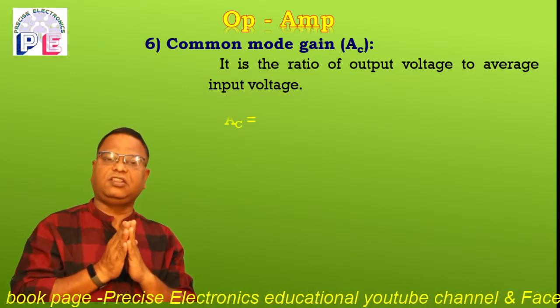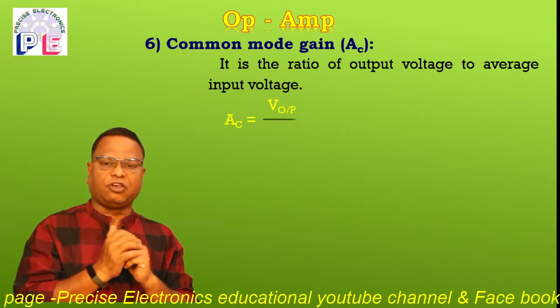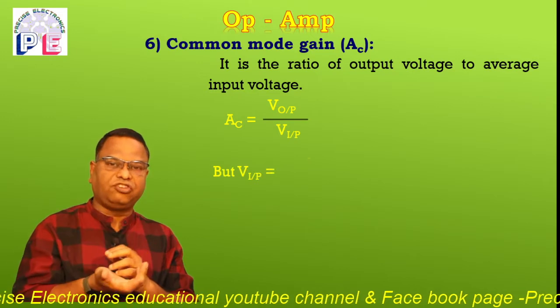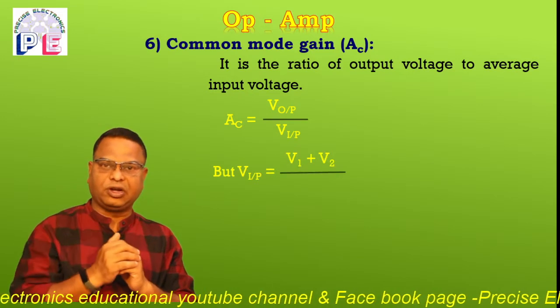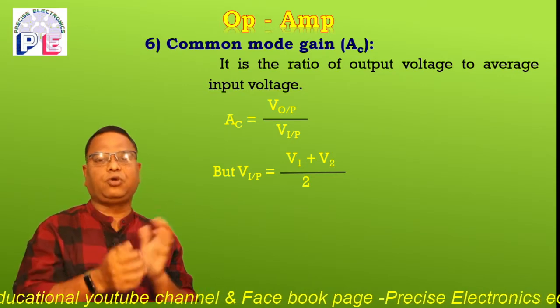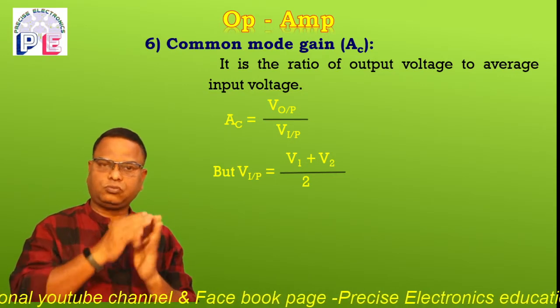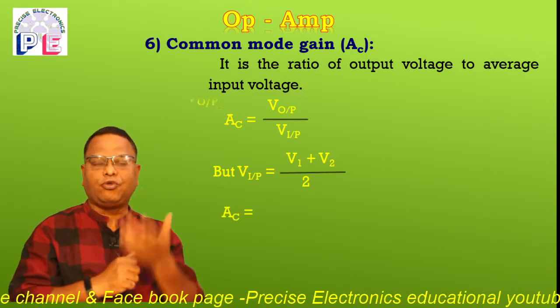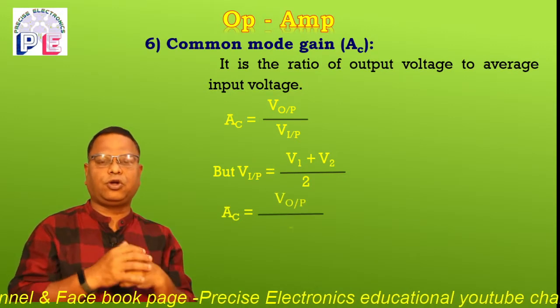But friends, in this case, V input is equal to the average voltage, that is V1 plus V2, the two potentials applied to the inverting and non-inverting terminals. So V input is equal to V1 plus V2 divided by 2. By substituting this value, we get AC is equal to V output upon V1 plus V2 by 2.